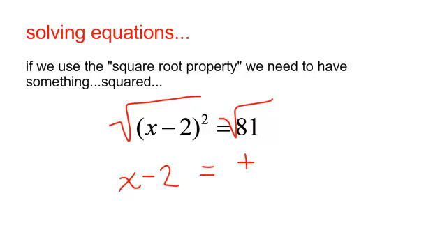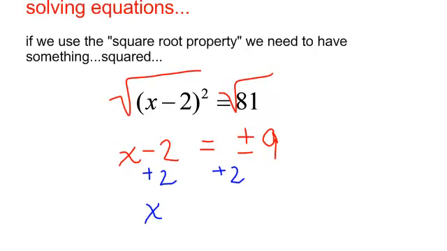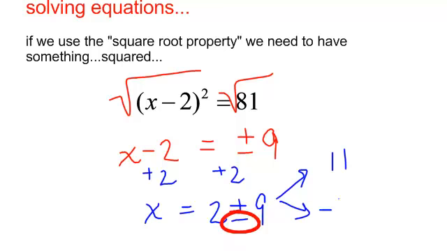On the right side, don't forget your plus or minus, and that would be 9. The square root of 81 is 9. Now, if I wanted to finish this problem for you, I would add 2 to both sides, and x is going to equal 2 plus or minus 9. The plus or minus is not with the 2. The plus or minus is with the 9. So 2 plus 9 would be positive 11. 2 minus 9 would be a negative 7.